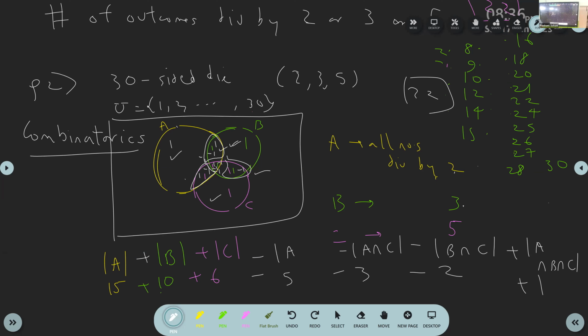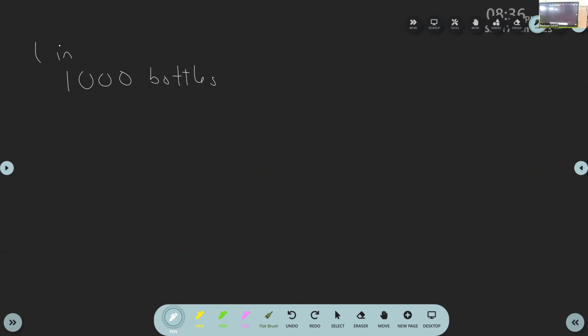So we'll call this the 1,000 bottles problem. I have to find one bottle out of 1,000 bottles.